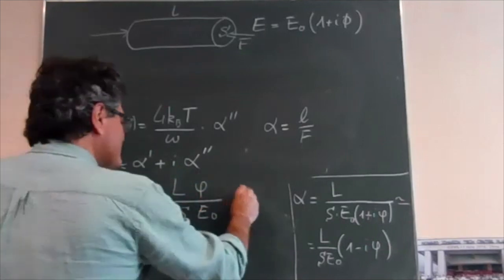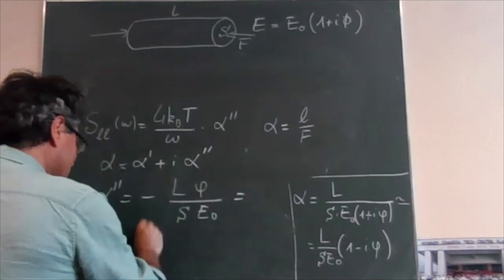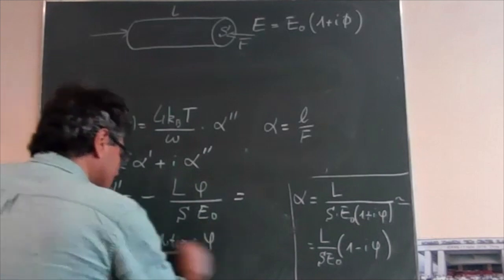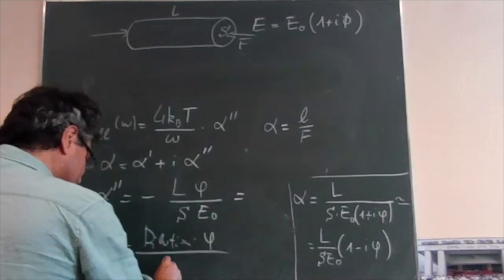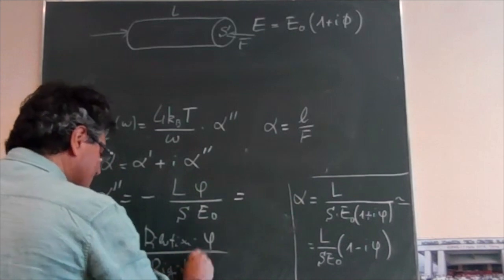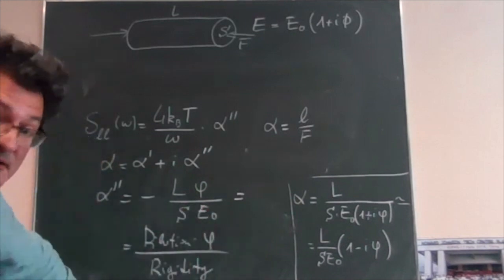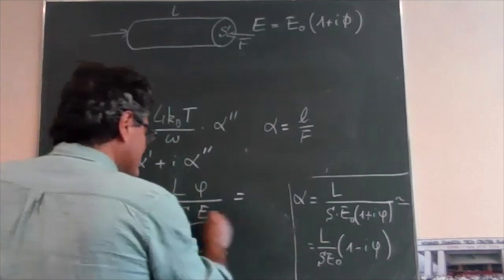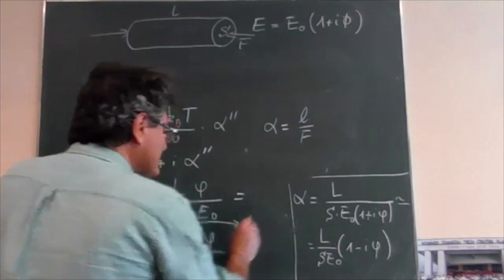Is it true that this is dilution times phi divided by rigidity? Yes, it is. In this case, dilution is exactly 1.